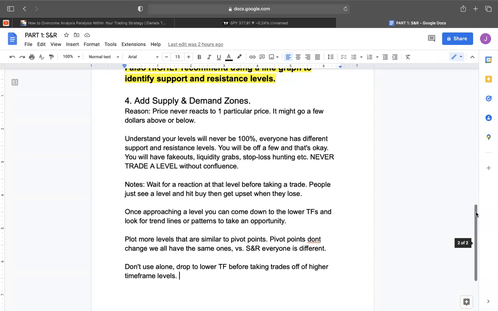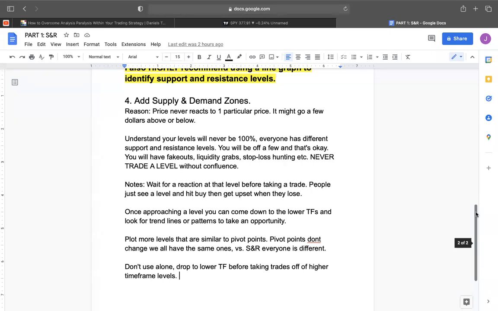So like I can go in today and plot my chart and say, hey, SPY is resistance at 381.20 or something like that, and somebody else might say, well, I got SPY resistance at 379. Well, when it comes to pivot points, we all got the same pivot point.